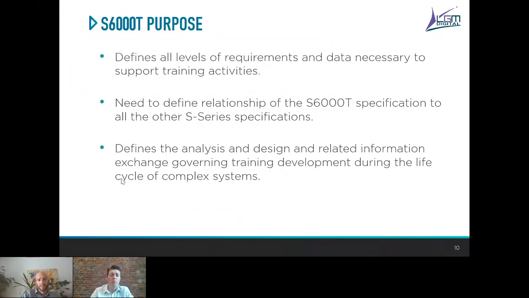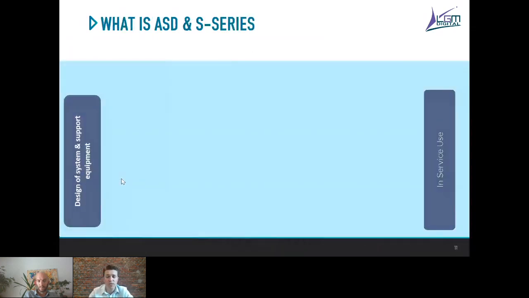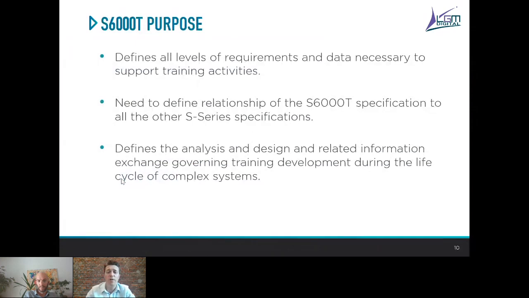So what is the main purpose of the S6000T? It is to define all levels of requirements and all data necessary to support training activities. So it defines the requirements and also the workflows and the data to be produced. The S6000T also defines the relationship between the S6000T and the other specifications of the S series. We will see that in detail after this slide presented by Christophe.